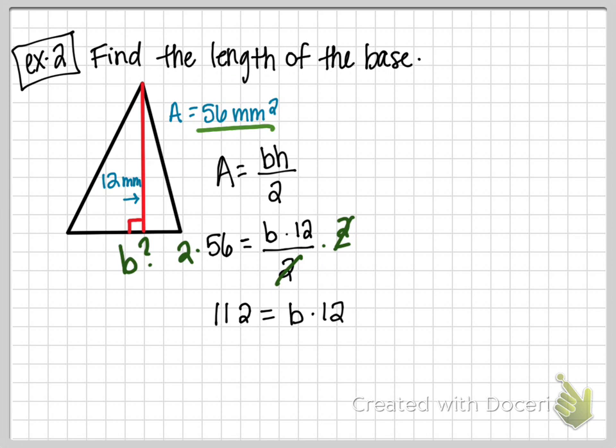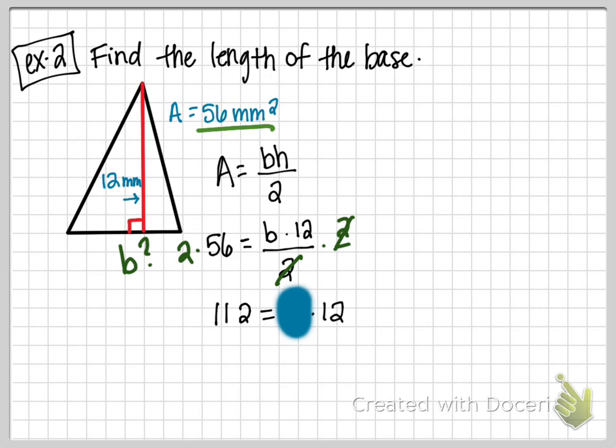My last step is going to be to do what? Divide by 12. I want B by itself. When we talked about equations, we talked about covering up your variable term.